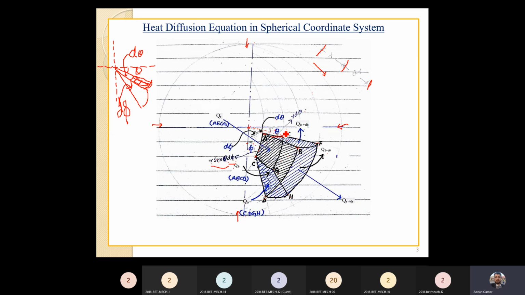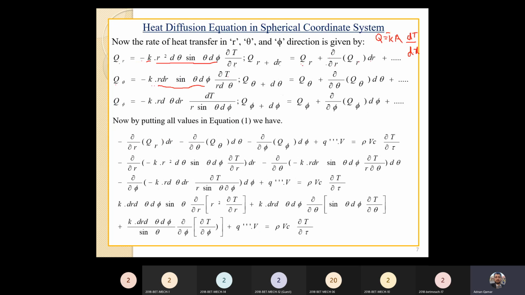So divide by r d theta, not only by d theta. It is k r dr sine theta d phi partial t over r d theta, and q theta plus d theta is equal to q theta plus partial over partial theta q theta into d theta plus so and so.